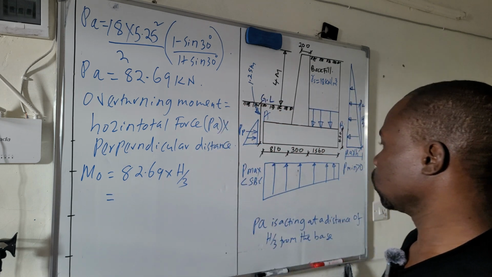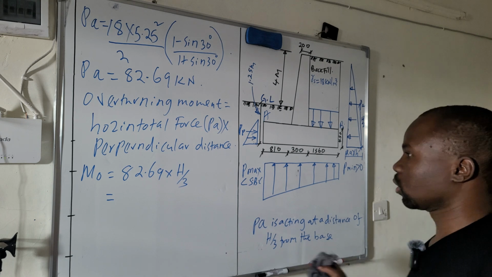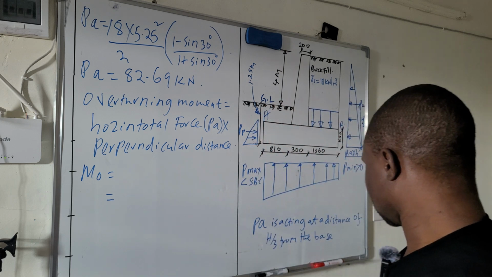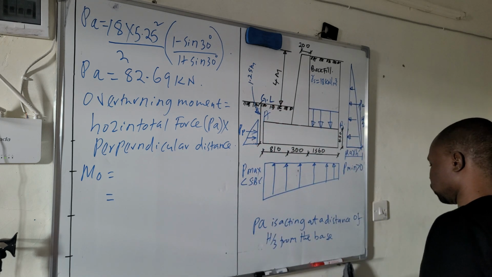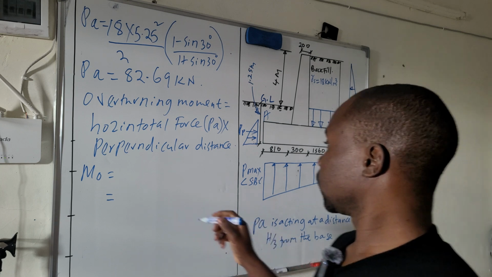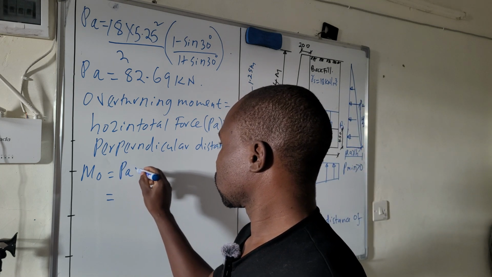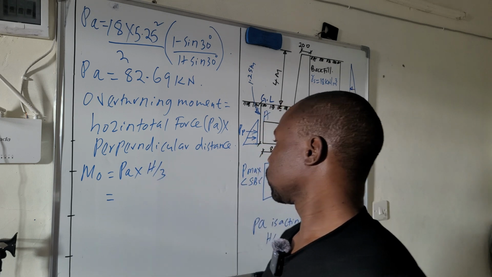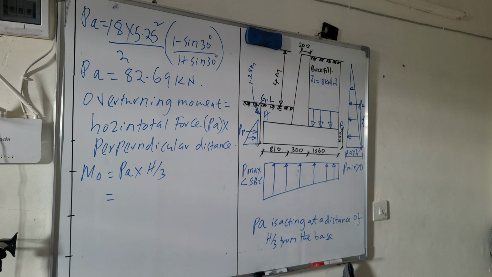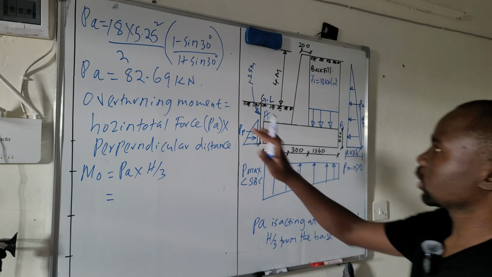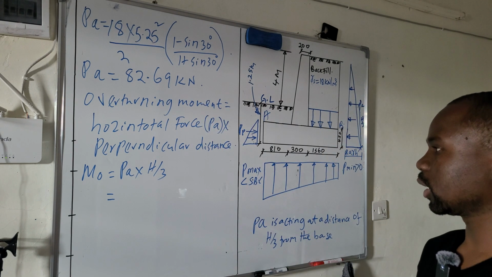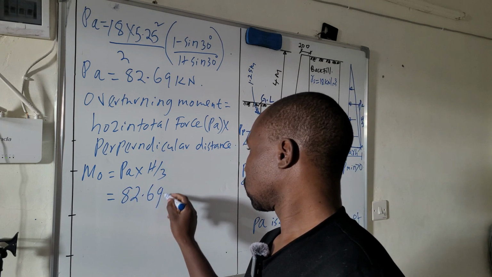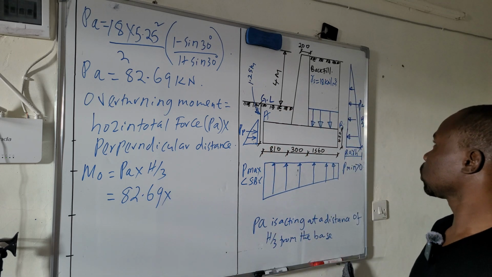Let me write the formula first. Overturning moment is equal to PA times h over 3. So PA we have calculated, and it is 82.69, times h over 3.